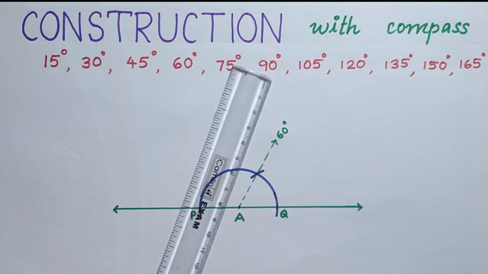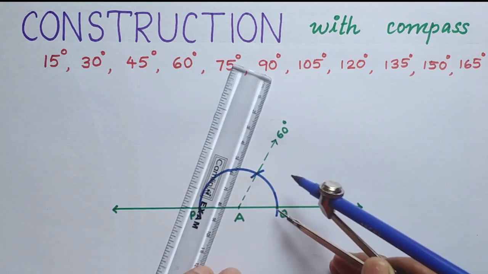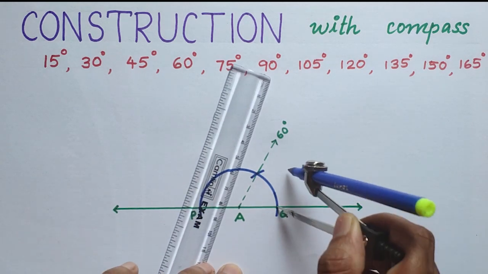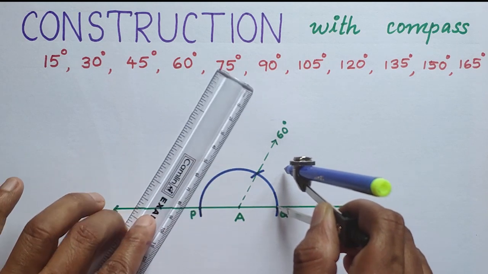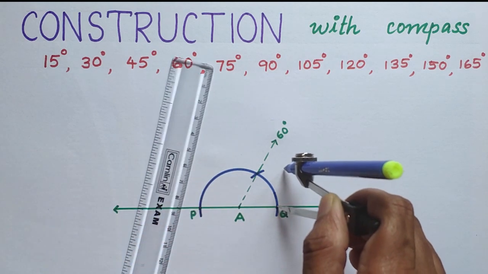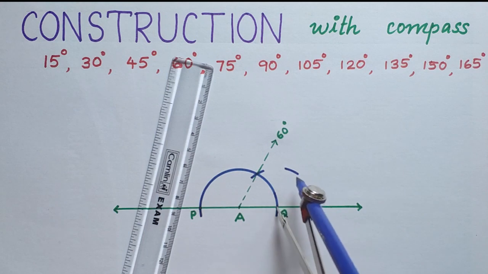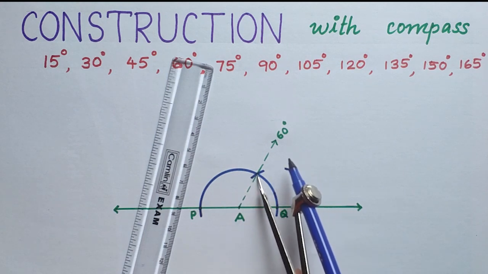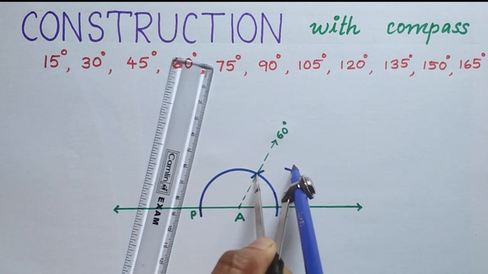Now if we bisect 60, we will get 30. For bisecting, we can place the metal tip on Q first. No need to change the compass. If you want, you can change the compass. Draw an arc and place the metal tip here. Then draw another arc.